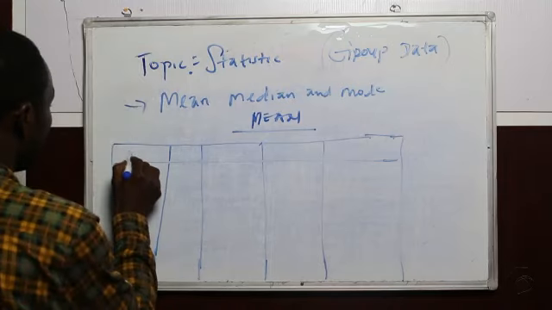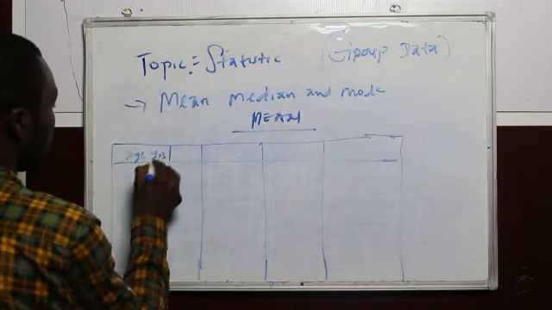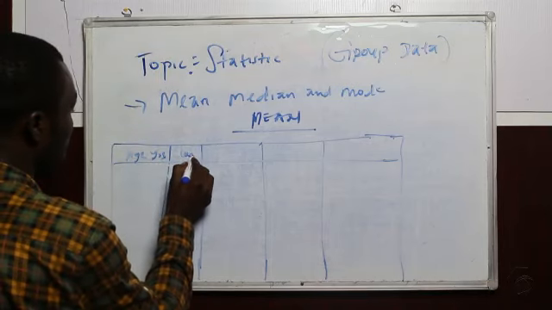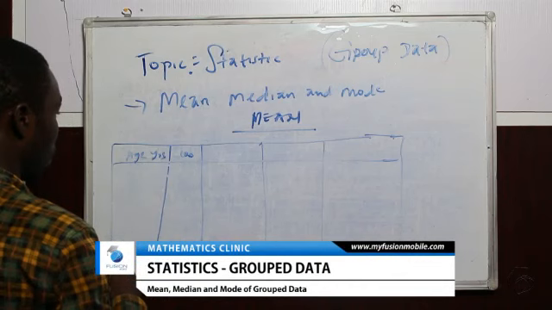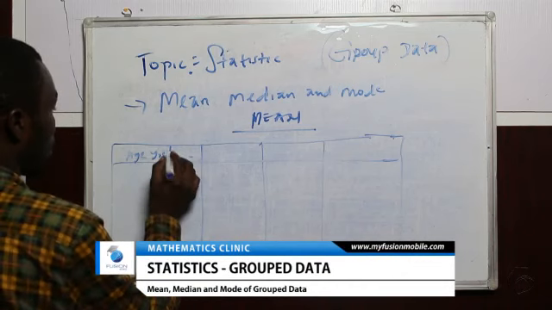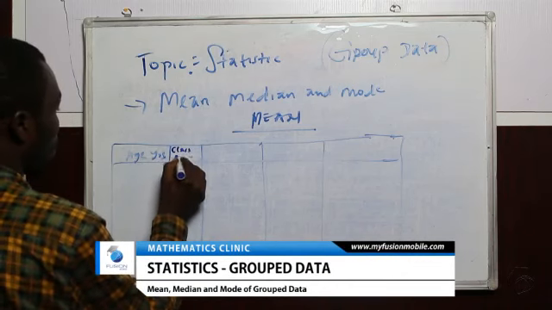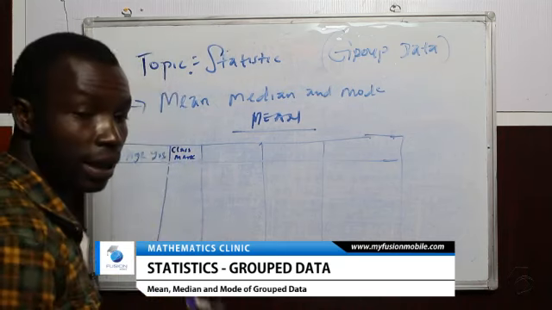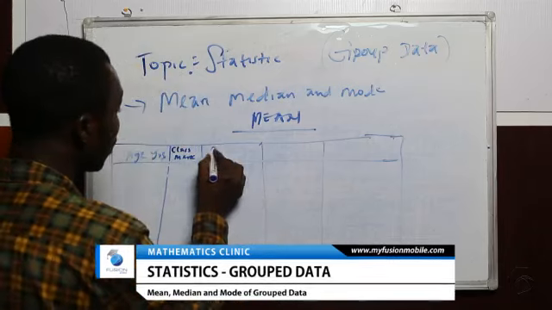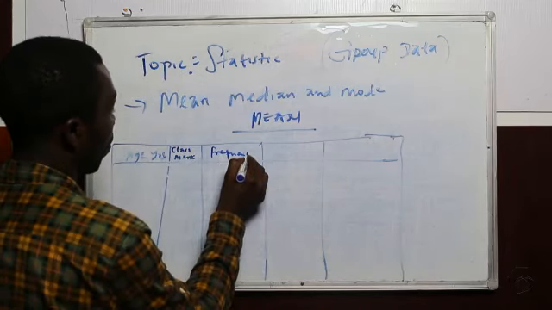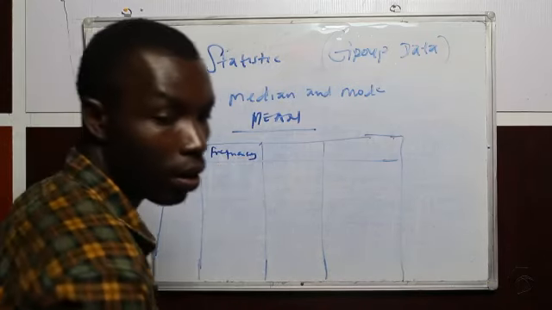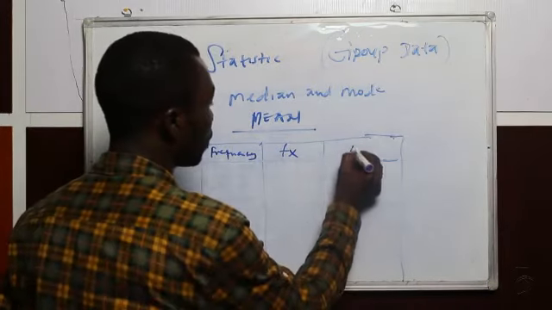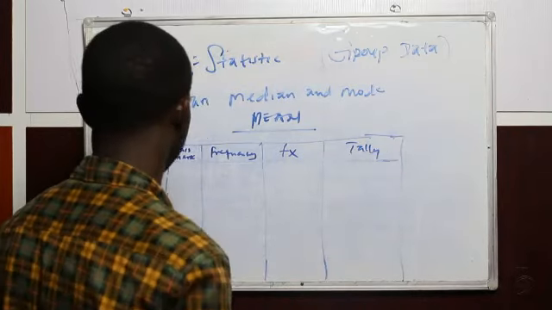We have the age in years. We have the class mark. Then the next one, we have the frequency. We have the fx, and we have what is called tally.